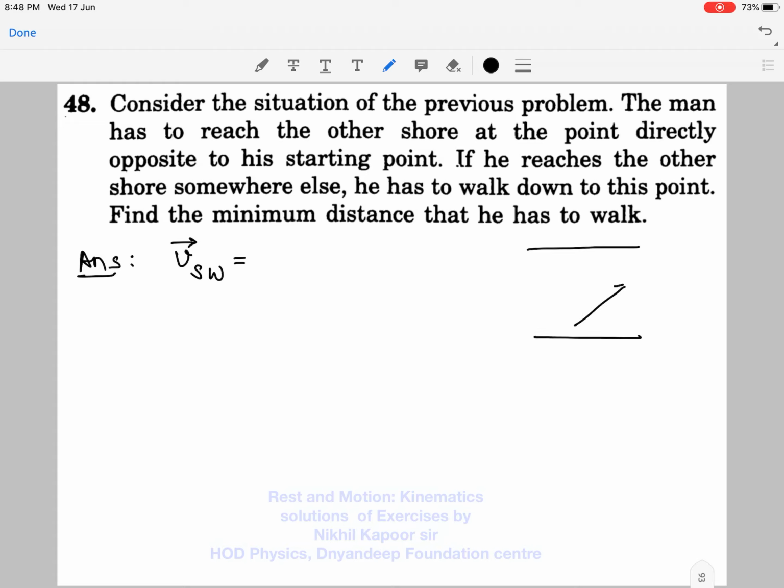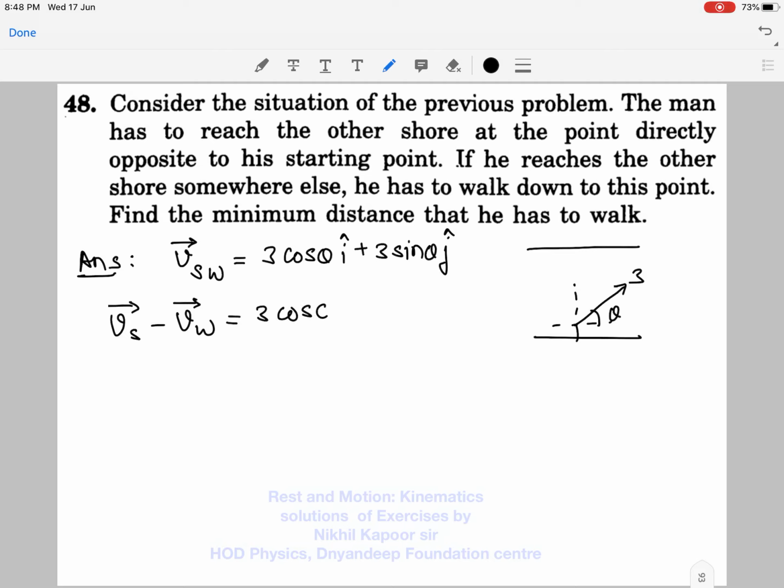So if this is the swimmer and it is going like this with 3 kilometer per hour making an angle theta with respect to water, so it is 3 cos theta i cap plus 3 sin theta j cap. This is the velocity of swimmer minus velocity vector of water.